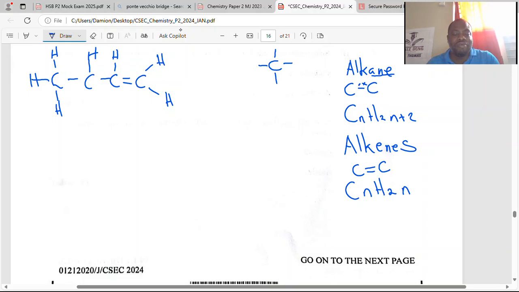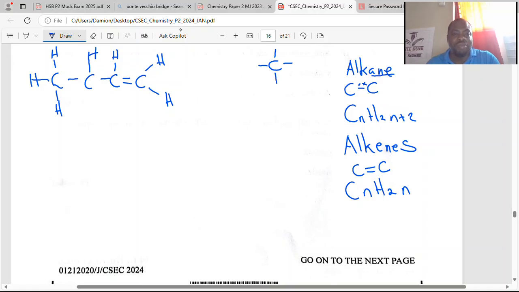They will ask you for the structural formula. They can ask you for the molecular formula. They can ask you for the empirical formula. They can ask you for a condensed structural formula.